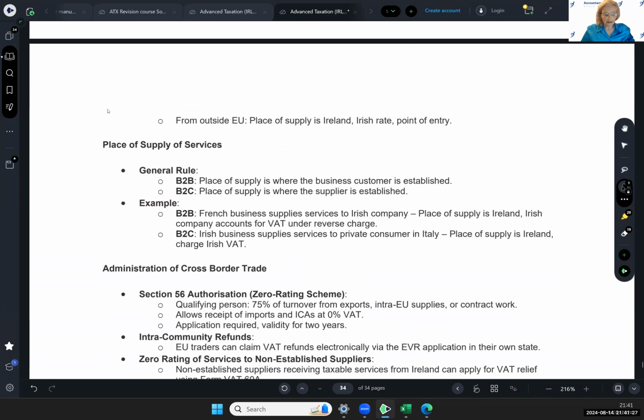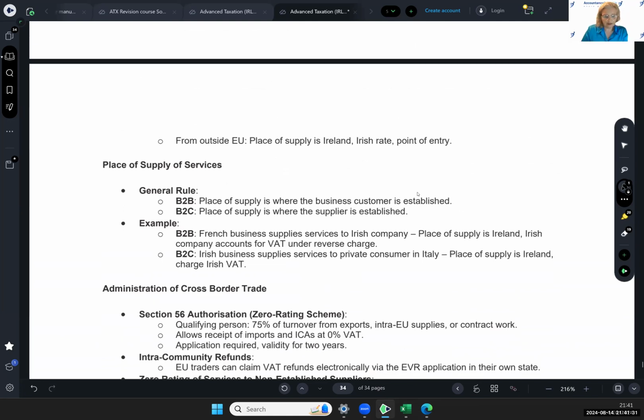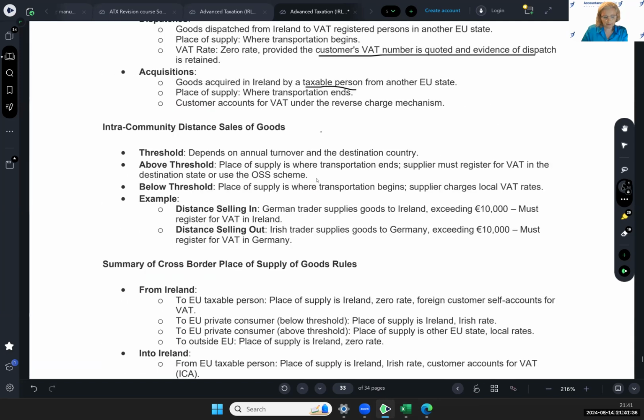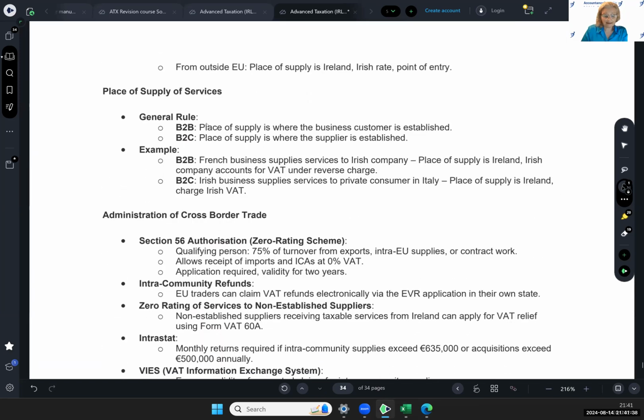All right. So for place of supply of services, you have different rules. These rules that we talked about up here, these were the rules for goods crossing a border. Place of supply for services, you've got your general rule, and they're referred to as the B2B and the B2C rule. For the B2B rule, place of supply is where the business customer is established.